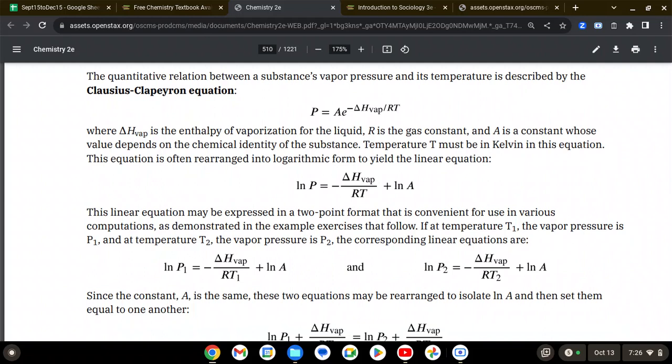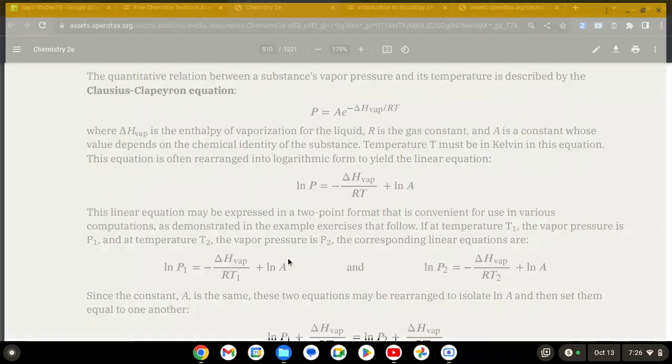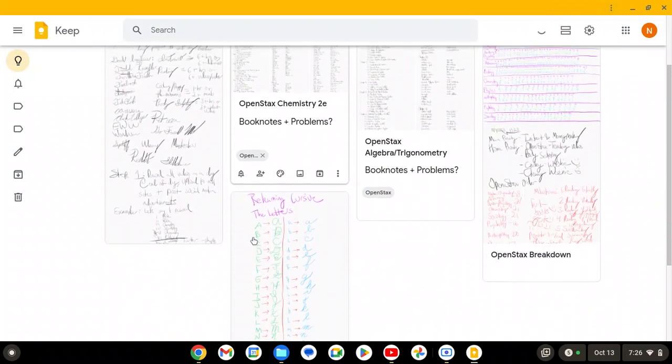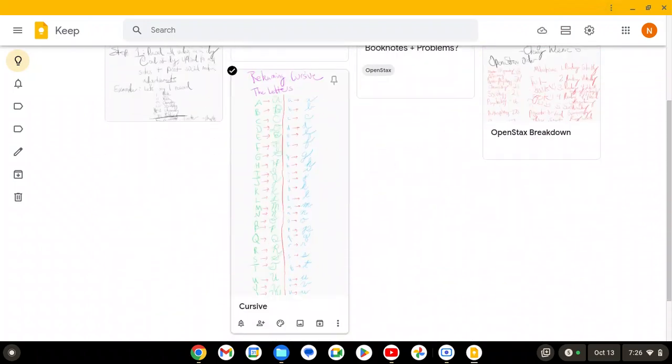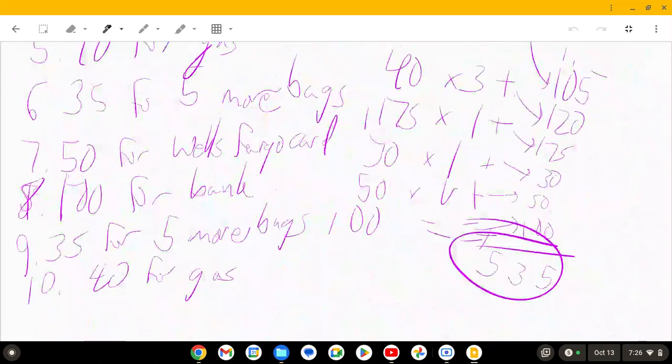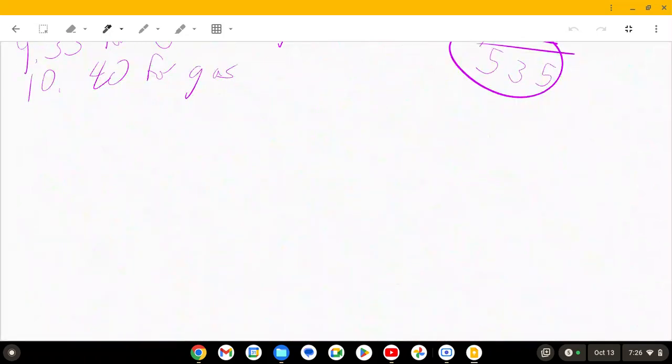All right, boys and girls, you ready to see some math? So, let's pull up Google Keep and get the daily log. So this is 1013. Silly me, I gotta plug in my USB.